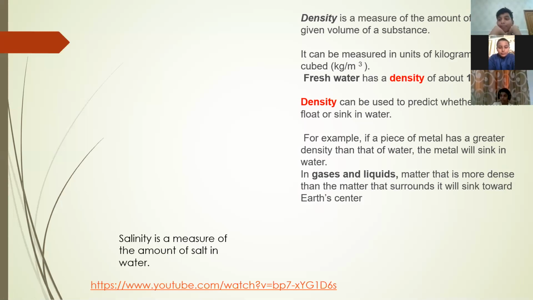It's like when you want to make your tea, and you put 1 spoon of sugar, compared to 1 cup of tea with 10 spoons of sugar. Which one has more density of sugar? The 10 spoons. So that's why the density is about the comparison of the amount of mass in a given volume of substance, and it can be measured in kilograms per meter cube.